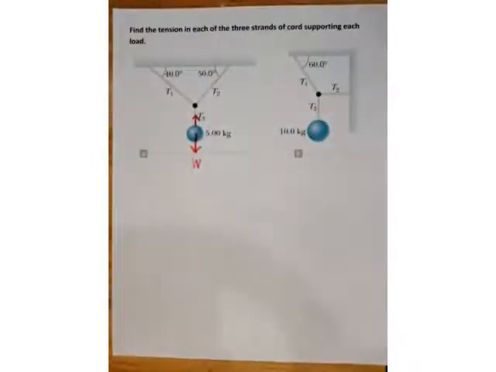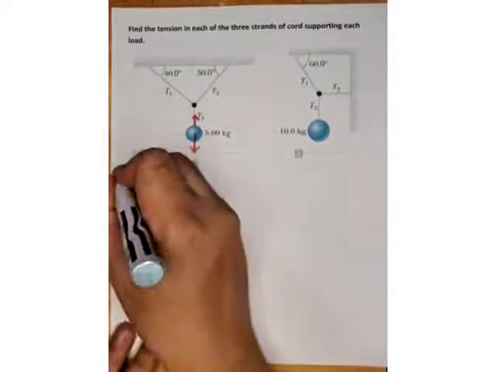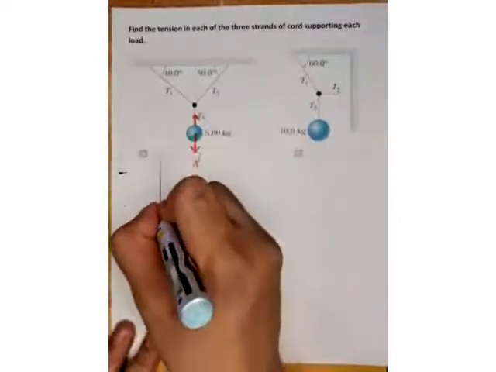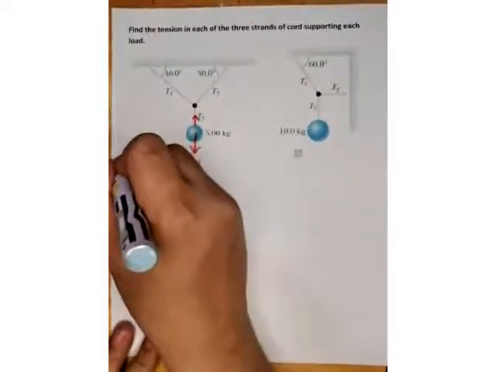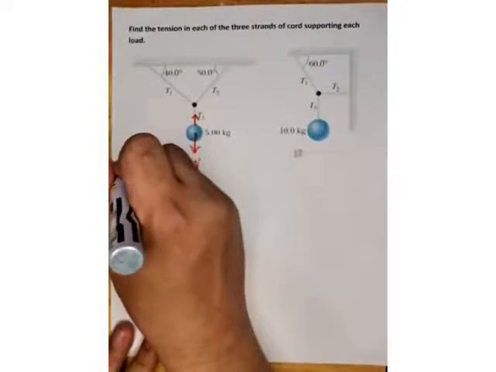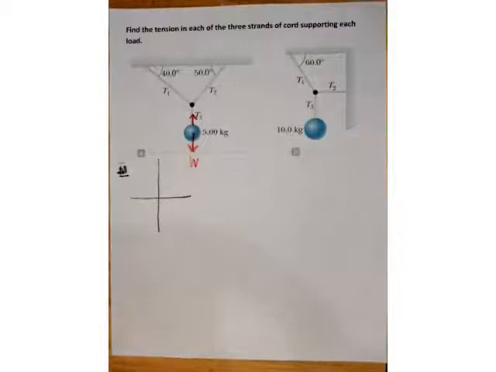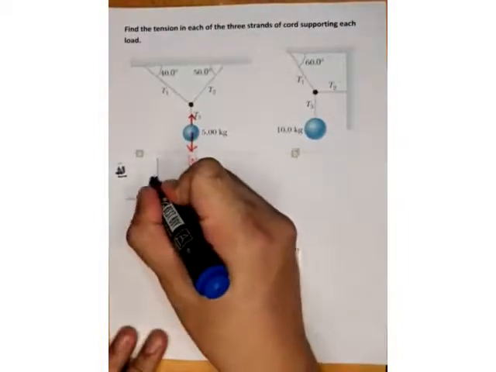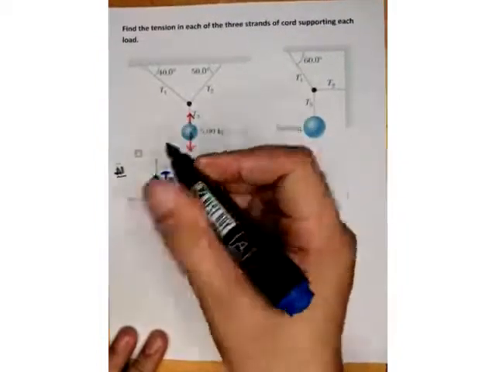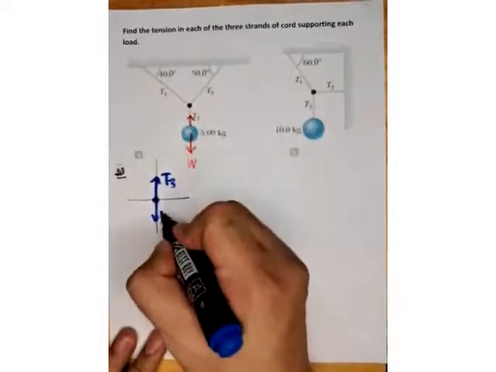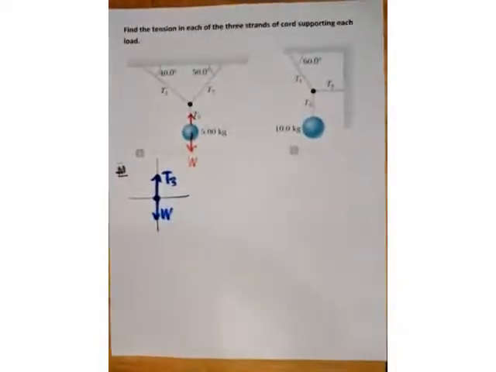Meron pa ba? Wala na, so okay na yun sa FBD natin. Mag-drawing tayo ng FBD para sa 5 kg mass. Yung mga forces na nandyan ay yung tension 3 and yung ating weight.